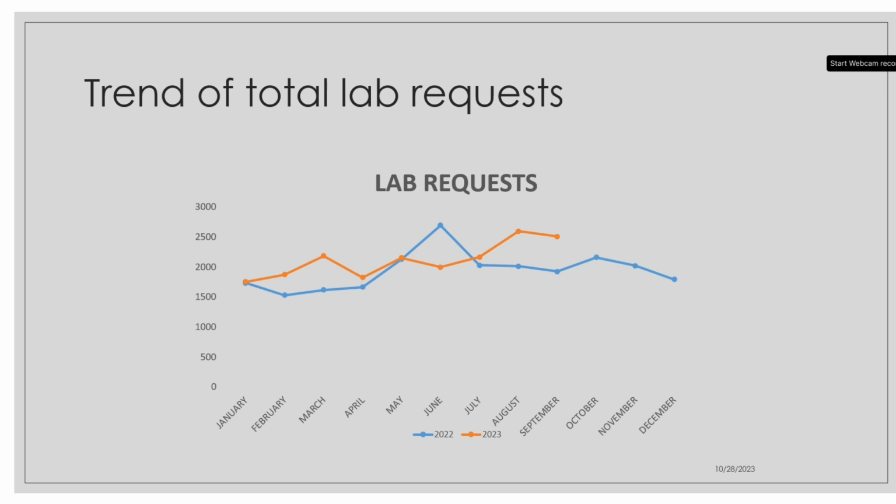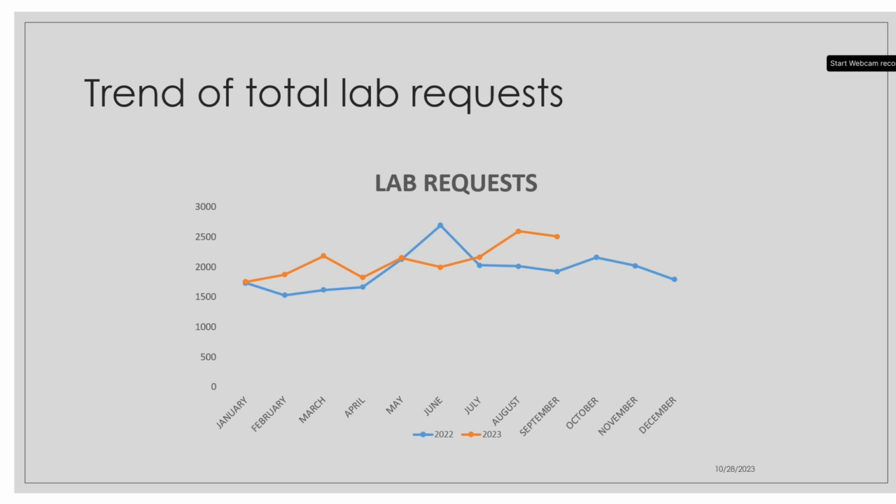And so this is giving a trend of what is happening over the period. So there is a slight increase from the beginning of the year in the total lab request until June, where it dropped. However, so far 2023 has not been able to pass the peak that was observed in the previous year.